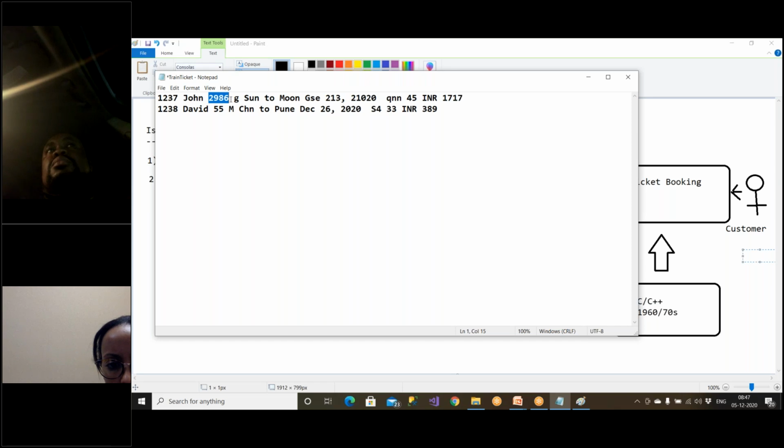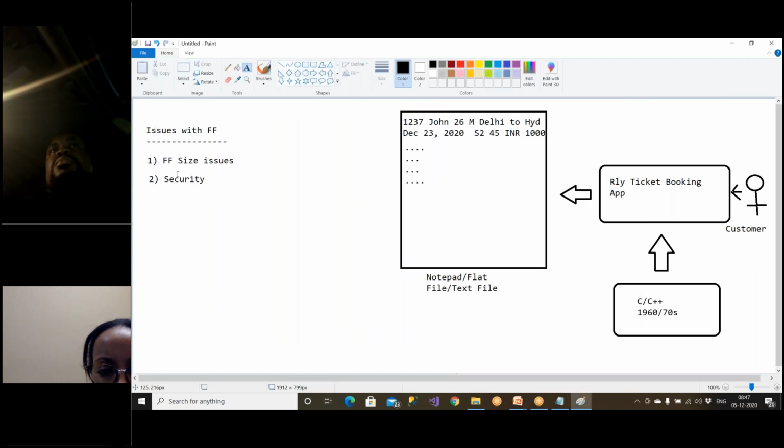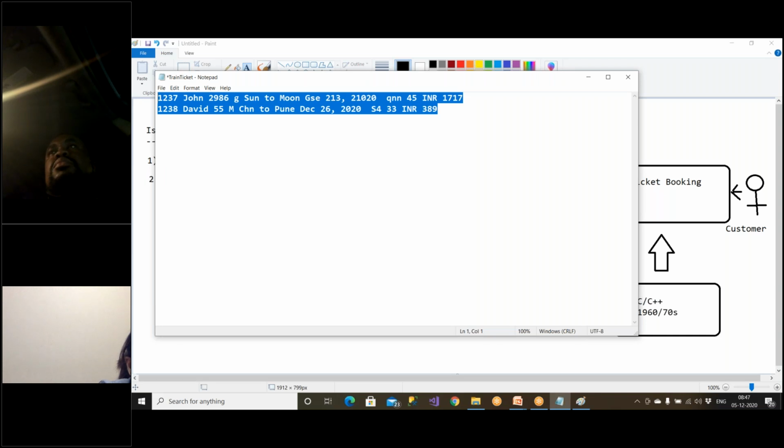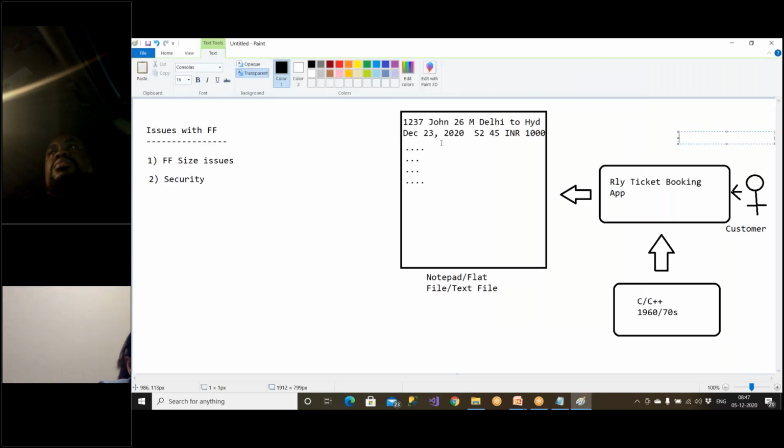So a lot of things are not under control because you don't have any security on this data. Whoever can access this computer, if they want to modify or tamper the data, they can easily do it, because there is no security on this file. Clear? So that is the big issue that people are talking about.